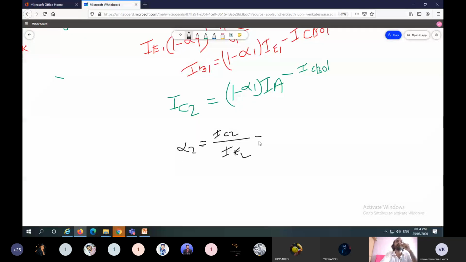From that, collector current for second transistor, IC2 equal to alpha 2 IE2.